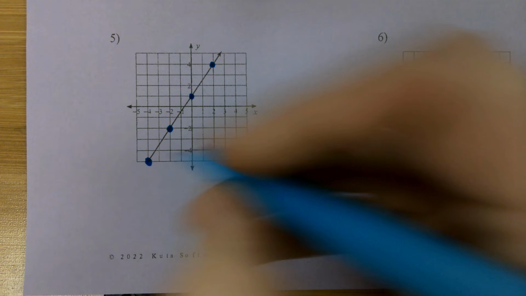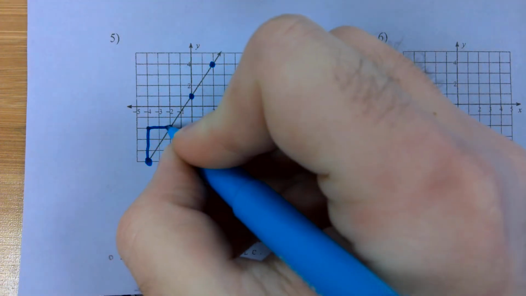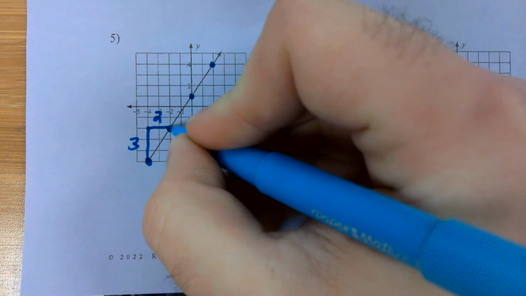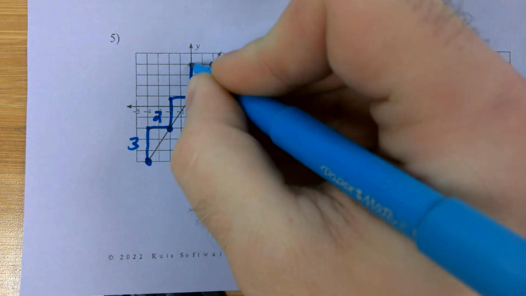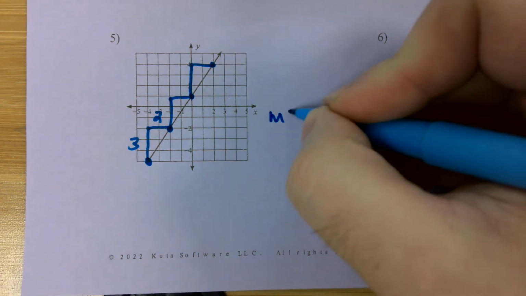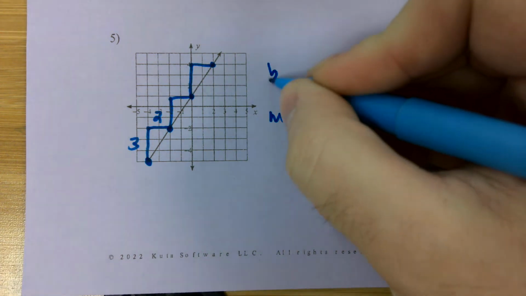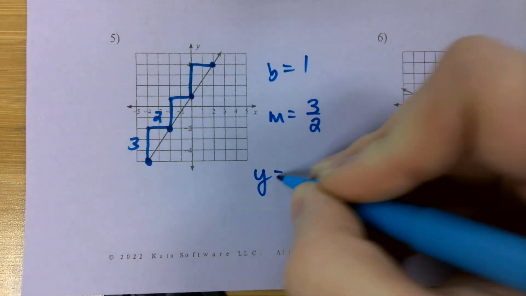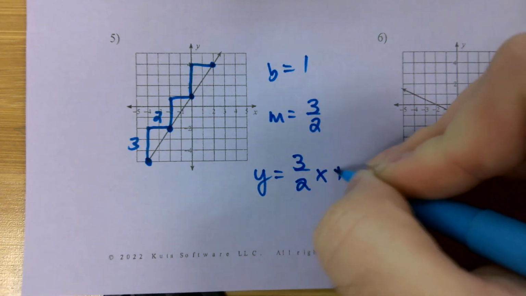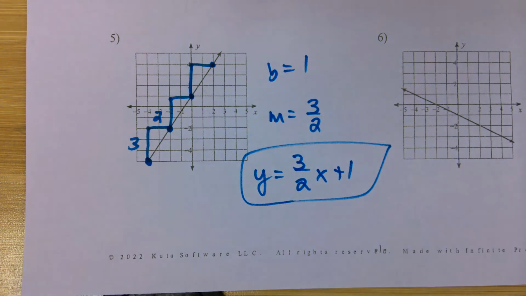Each of them have a rise of 3 and a run of 2. Rise 3, run 2, and so on, just like that. So our equation looks like this. Y equals 3 over 2x plus 1.